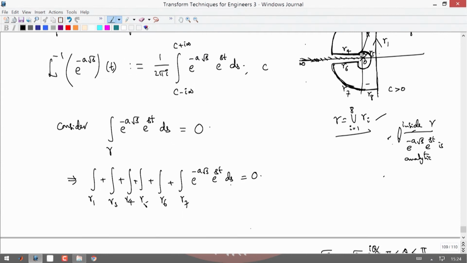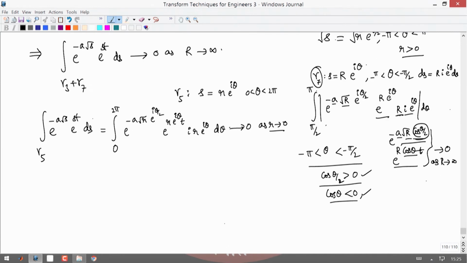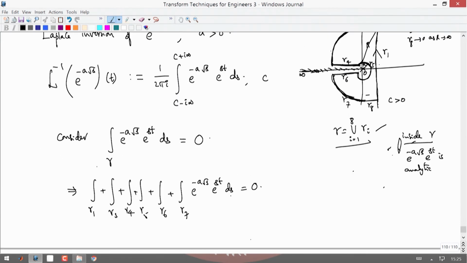In the limit, each piece becomes the line from 0 to infinity along the negative x axis. So, as small r goes to 0, the contribution of the integration over this small circle, gamma 5, is also 0.